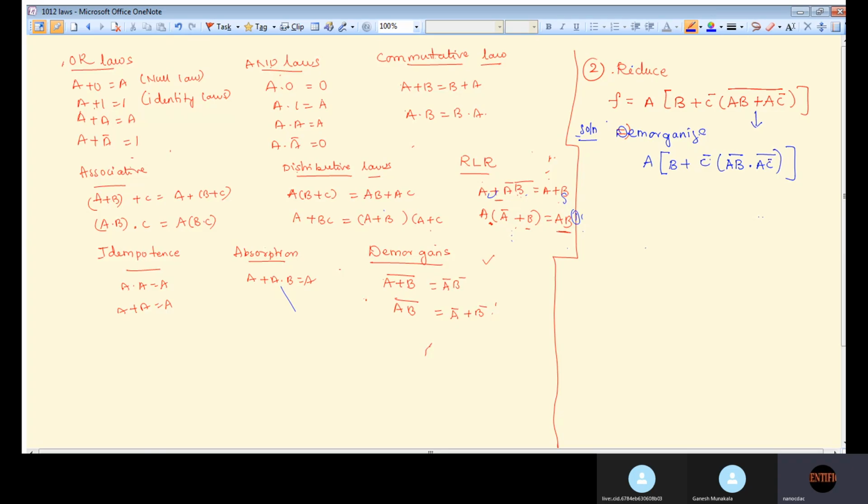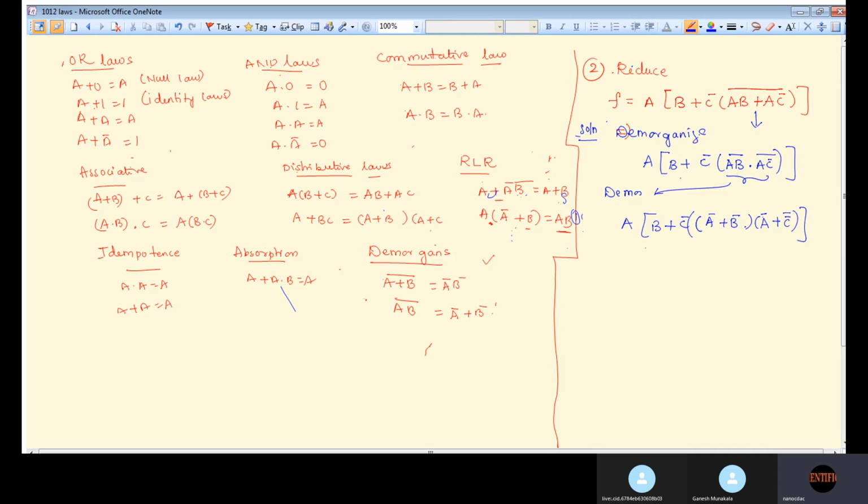Second one: another bracket term is there, so we should apply De Morgan again. Okay, so what will we get? A into B plus C bar, it will be like that only, since the complement is there. So AB whole complement will be equal to A complement plus B complement, into again A complement plus C complement whole complement.